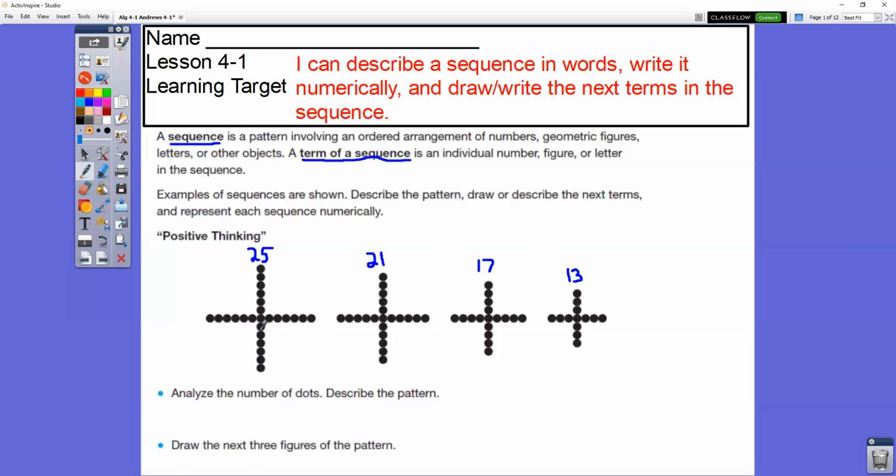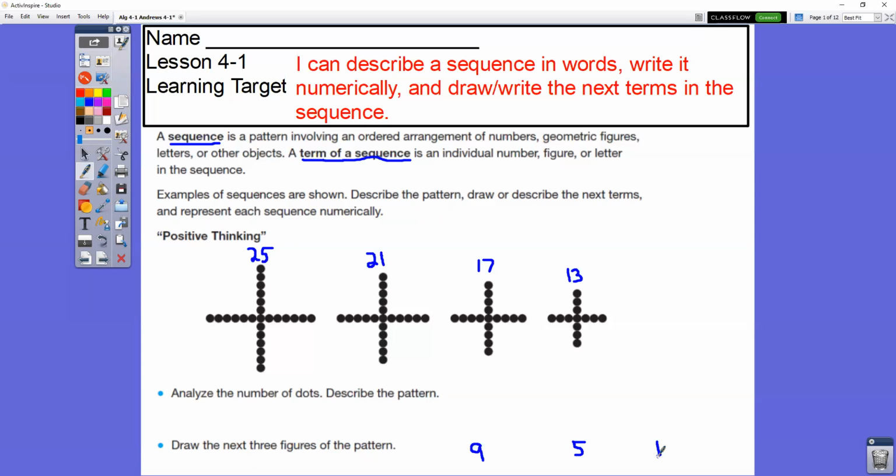To get from 21 to 17, we're subtracting by 4. To get from 17 to 13, we're subtracting by 4. So our next three numbers in the sequence: 13 minus 4 is 9, and then we would have 5, and then we would have 1. So those would be the next three numbers in the sequence.